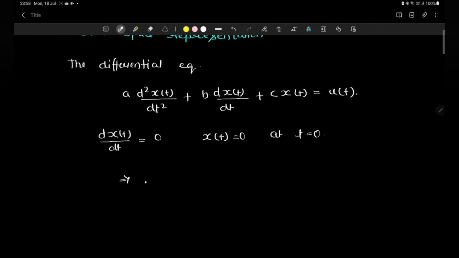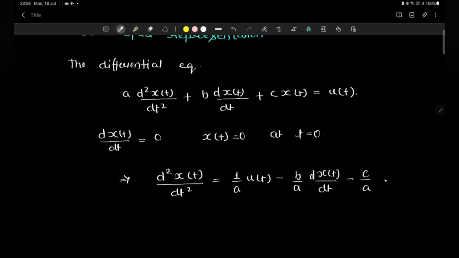We can write the double differentiation of x of t with respect to t as equal to 1 by a u of t minus b by a dx of t by dt minus c by a x of t.